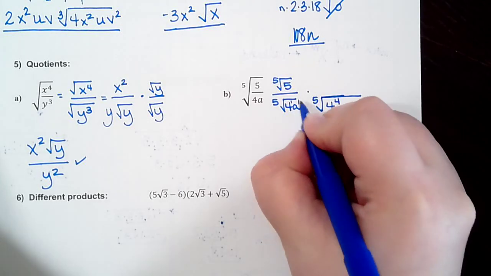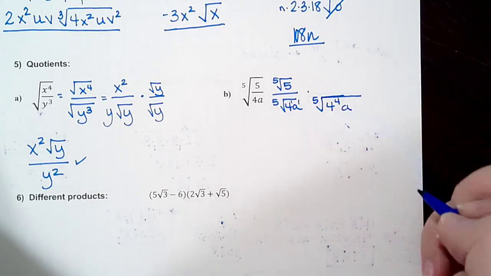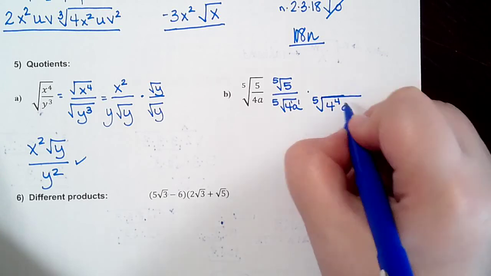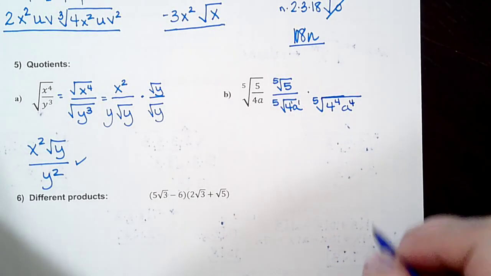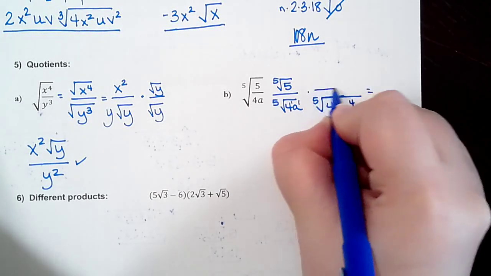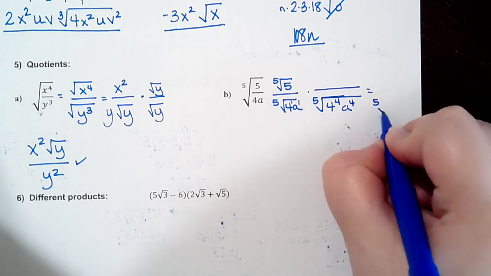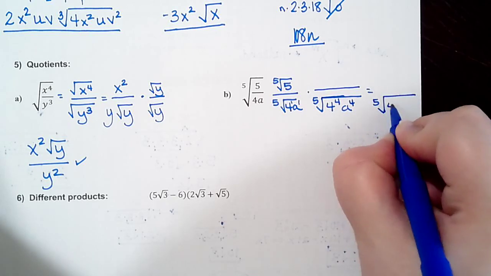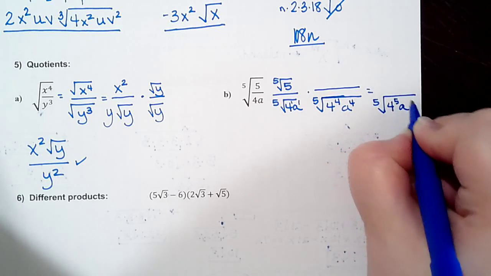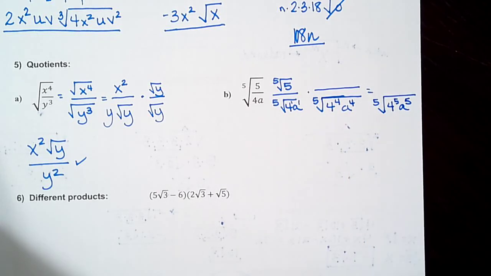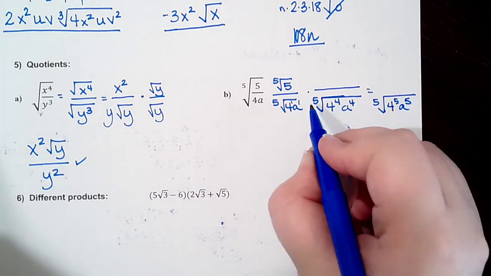Same thing with a. If I only have 1 here, I'm going to have to multiply by a to the 4th, so that once I have done that, I get the 5th root of 4 to the 5, a to the 5, which now I can take the 5th root of and simplify. However, if I had just done 4a, they would not have canceled.